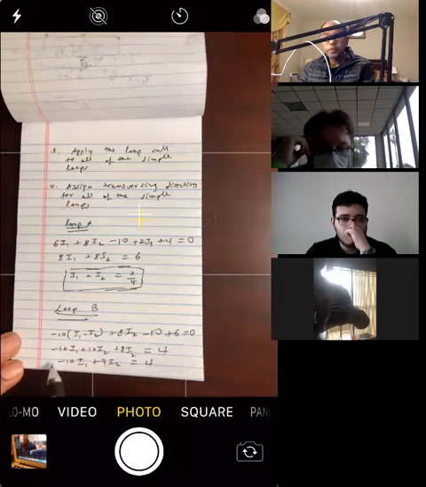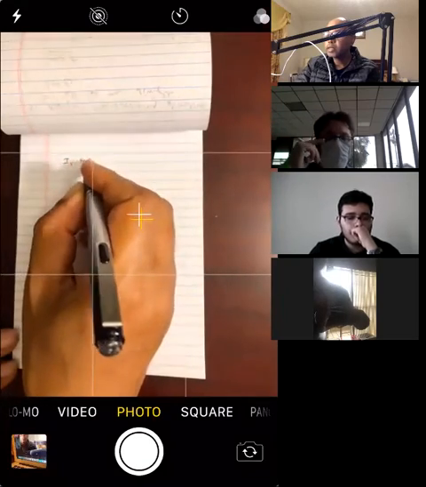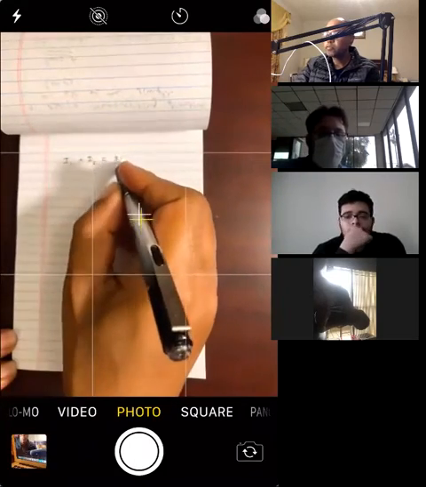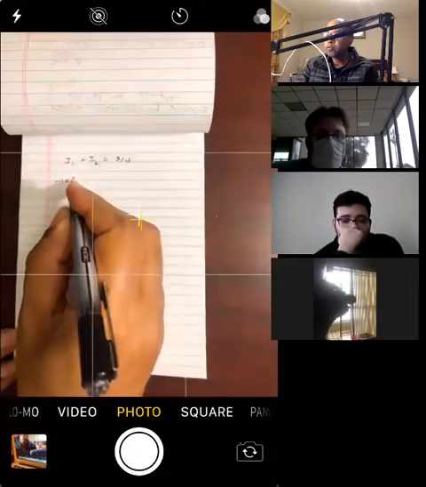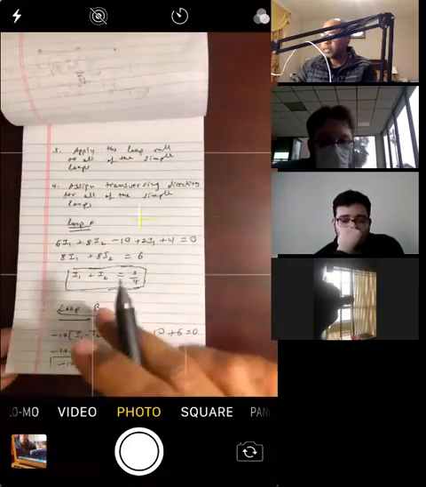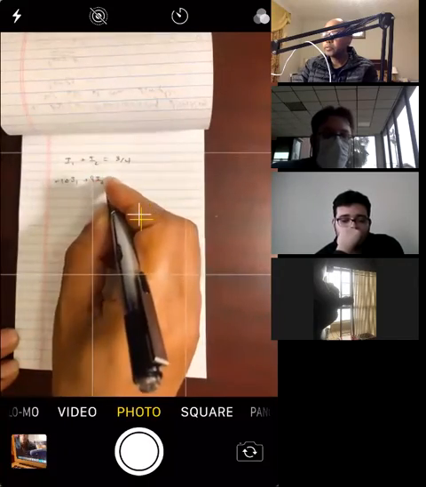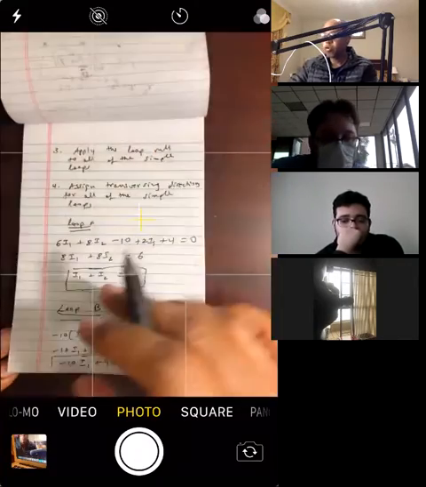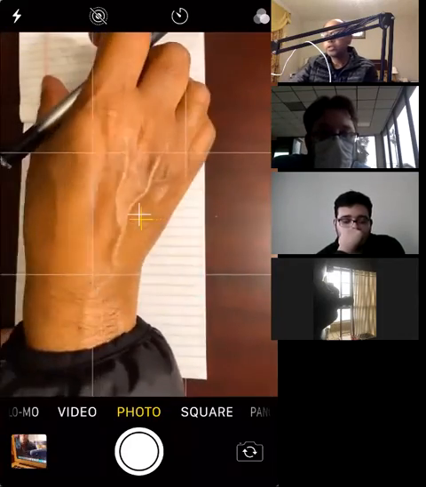So we have two equations now. Let's put them together. We have I1 plus I2 equals 3/4, and negative 10I1 plus 9I2 equals 4. So this is a system of two linear equations.